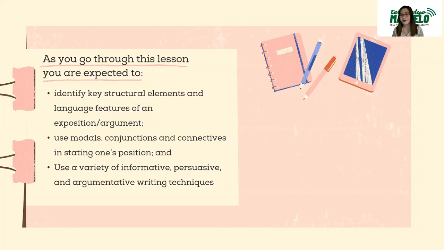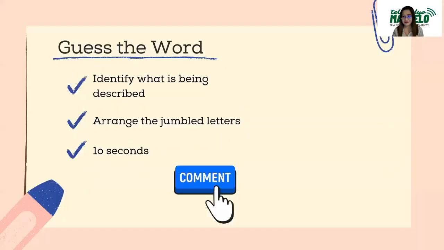But before we proceed with our discussion, let us first have a mini game that will help activate your prior knowledge about our lesson for today. So for this game, all you have to do is to identify what is being described in each statement.